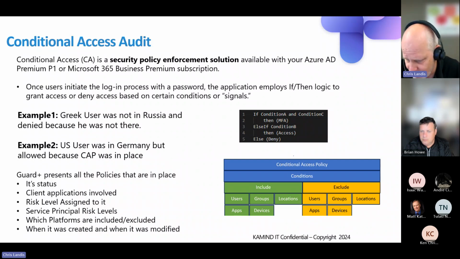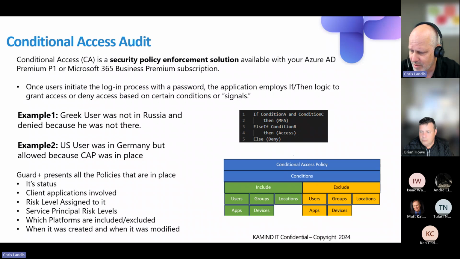So what does Guard Plus do about all of this? Well, to be honest, and I'll show you in the demo, there's a lot of data going on. There's a lot of conflicting. You could have conflicting policies if you don't do it right. Guard Plus shows you all your policies in one page, and I'll show it to you in the demo shortly.